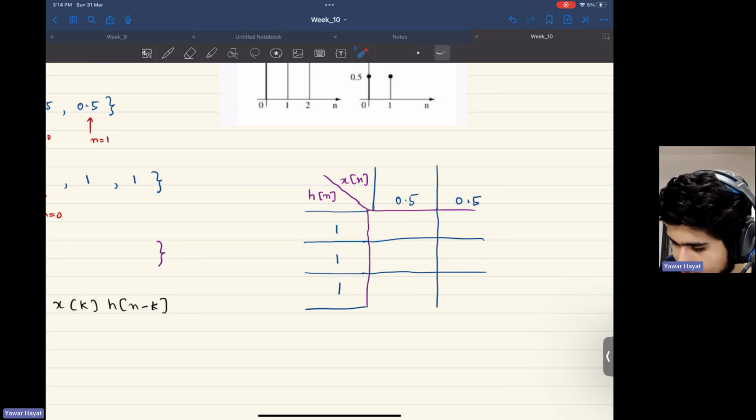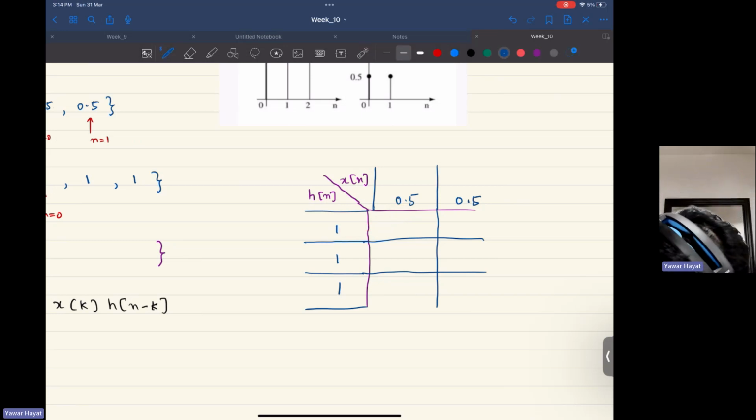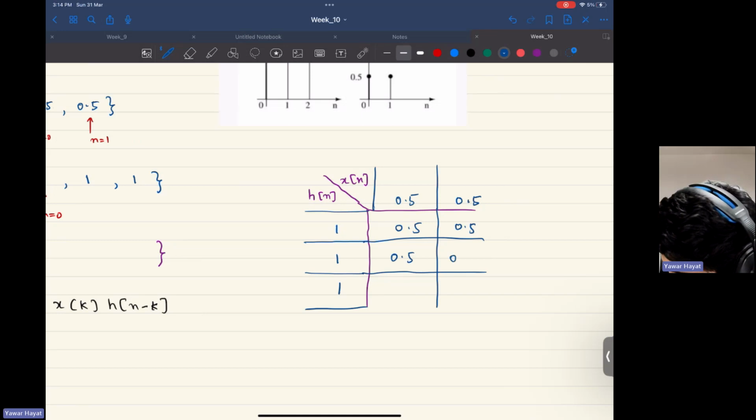So this will be 0.5; in fact, all the entries will be 0.5, because h of n is 1 and x of n is 0.5.